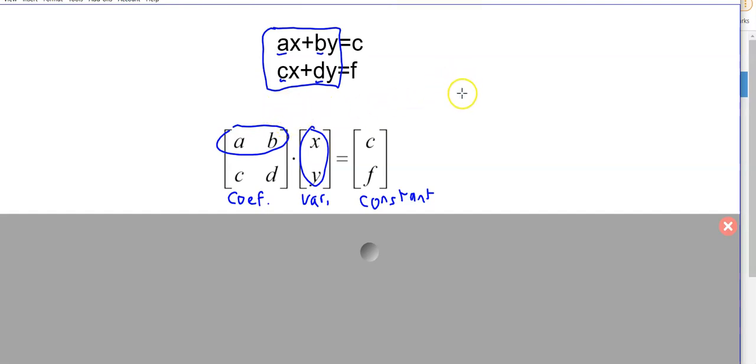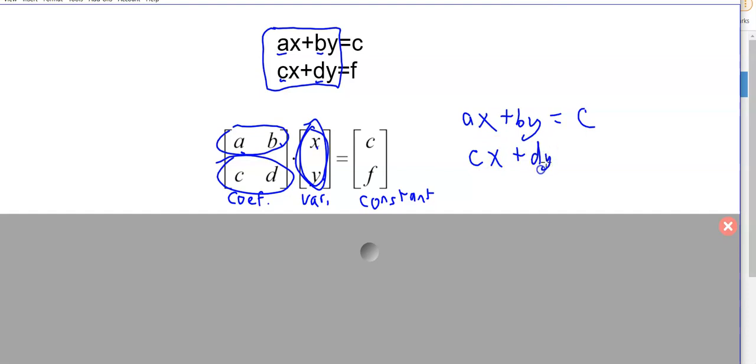We get AX, so first times first, plus BY, second times second, equals C. If we multiply the bottom row times this column, we get CX plus DY equals the thing down here, which is F. And so we get that same system, but it's now written as a matrix. So you have to be able to take a system, convert it to a matrix by writing the coefficient matrix times the variable matrix equals the constant matrix.